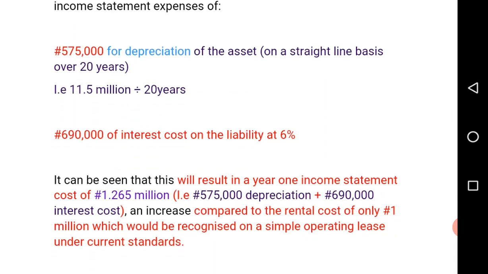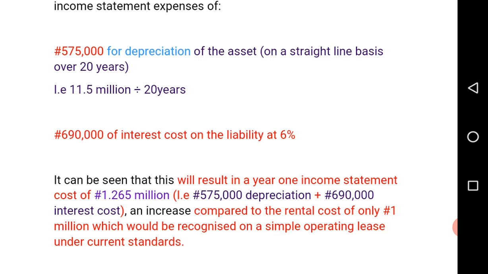The interest cost is expensed in the income statement. So the total expense you have using IFRS 16, that's the new lease treatment, is the depreciation plus the interest cost, but you show this separately in your income statement. We have 575,000 plus 690,000, and it gives us 1.265 million naira.